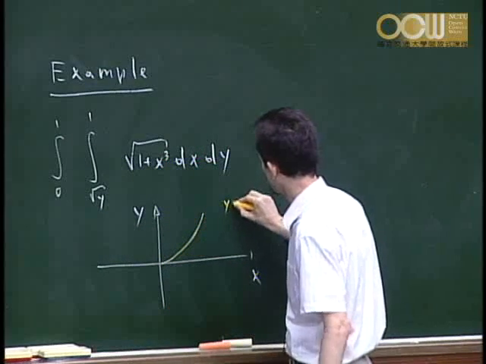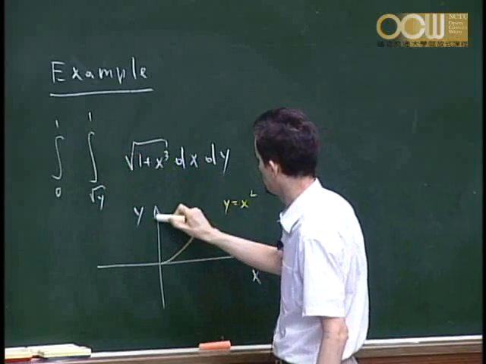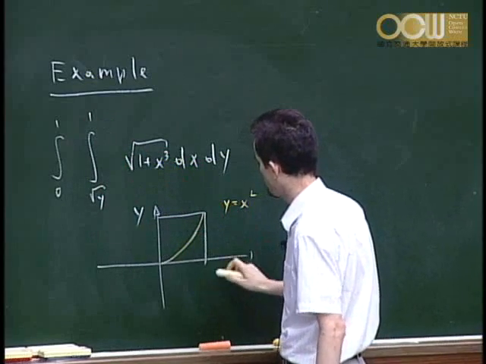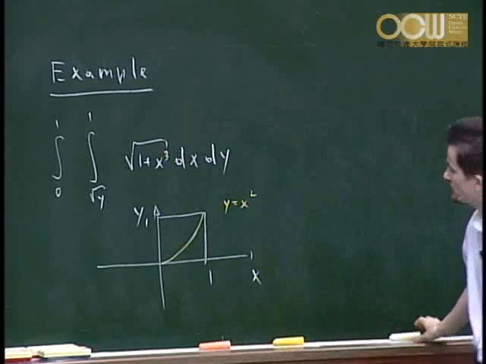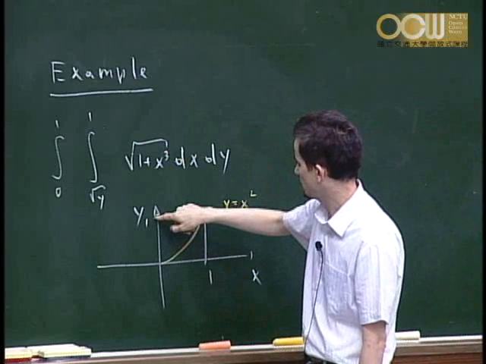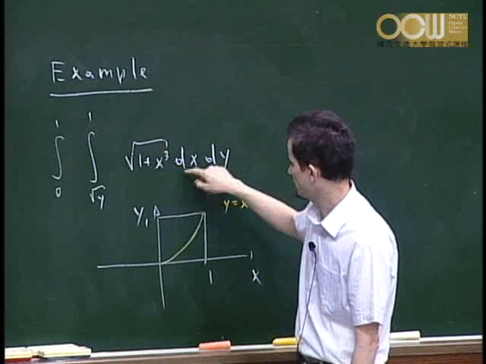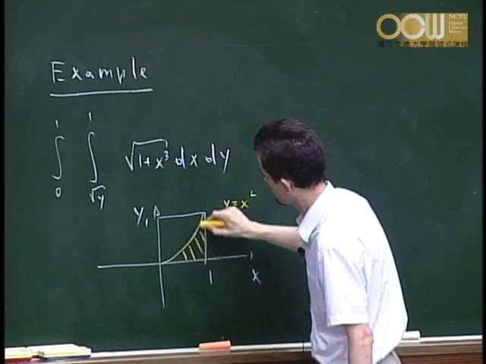So this is the function y equals x squared, and we look at this part here from 0 to 1. So this is 1, this is 1. We integrate y from 0 to 1, and then x from the square root of y to 1. This is our domain.